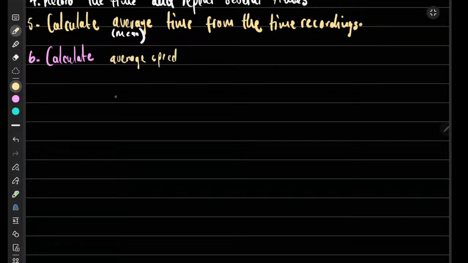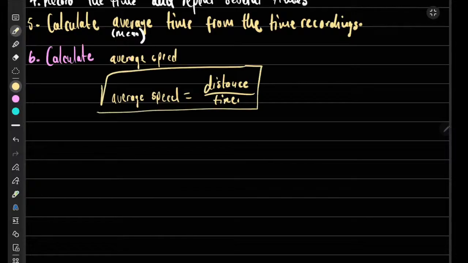Remember, average speed is just equal to the distance over the time. And you have the speed. Put it. Okay? Are we together?